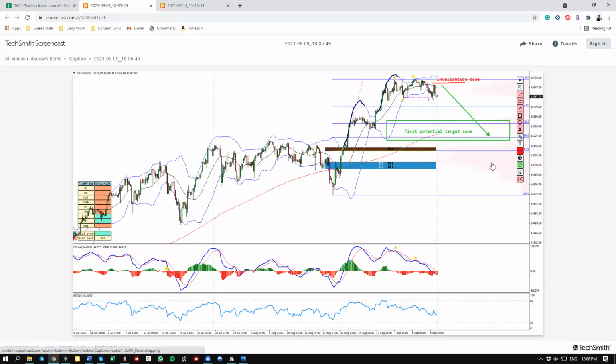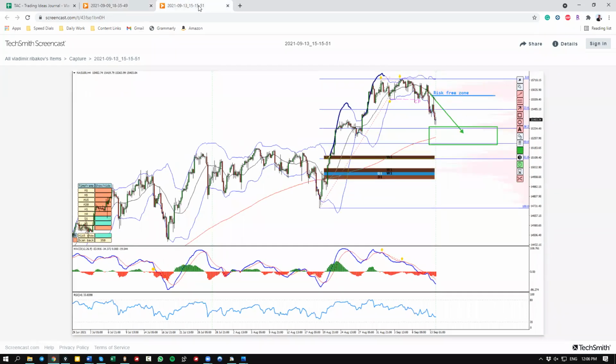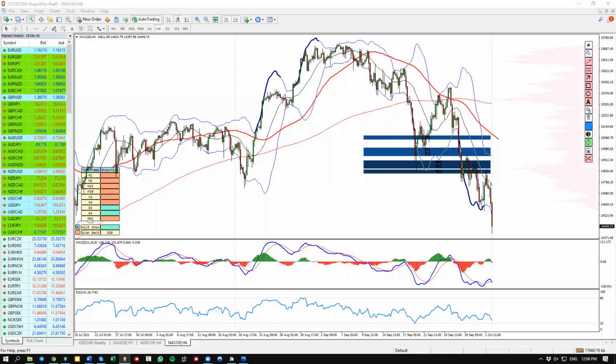This was our initial trading idea. This is where we went risk-free and our initial target zone was reached, and we are still carrying on the final part. This one is now more than 1,000 points in profit, and again, that's the power of this strategy. And I want to explain in this video what, how, and when it could be used.